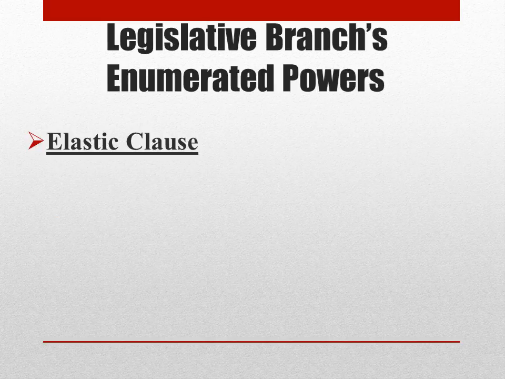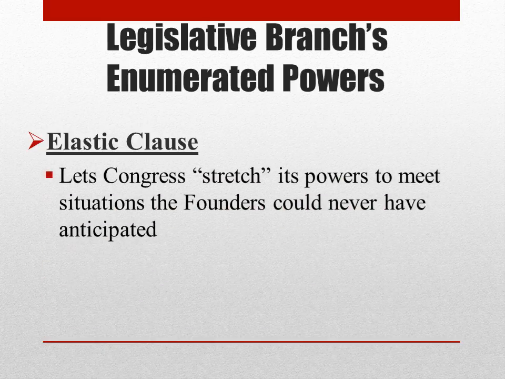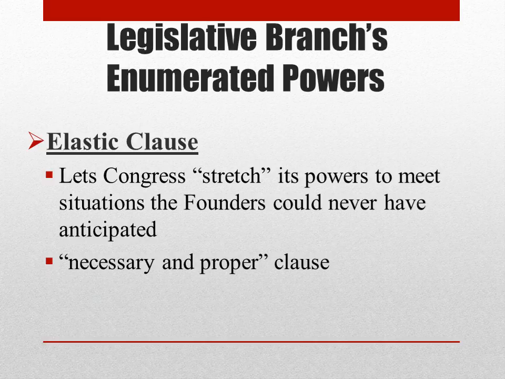So the last power of the legislative branch is listed in the Elastic Clause. Another name for it is the Necessary and Proper Clause. Basically its purpose is to let Congress stretch its powers to meet situations the founders could never have anticipated. It lets Congress interpret things as they happen, because the world has changed since the founding fathers.